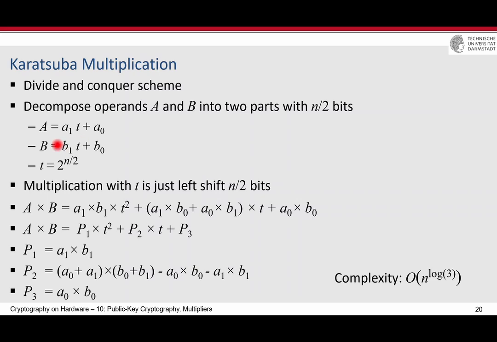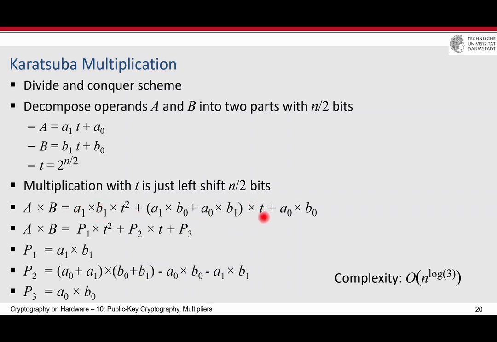And then you just write the formula of the multiplication. I have A multiplied by B, which is (A1 T plus A0) multiplied by (B1 T plus B0), and then you end up with these terms: A0 multiplied by B0, two terms A1 B0 and A0 B1 multiplied by T, and another one, A1 B1 multiplied by T squared.